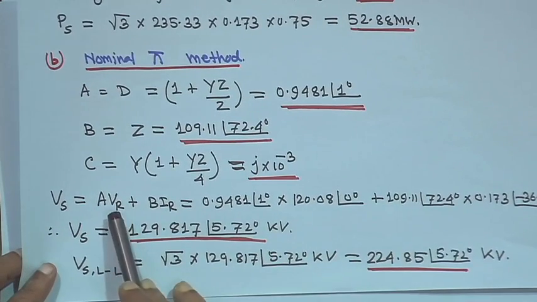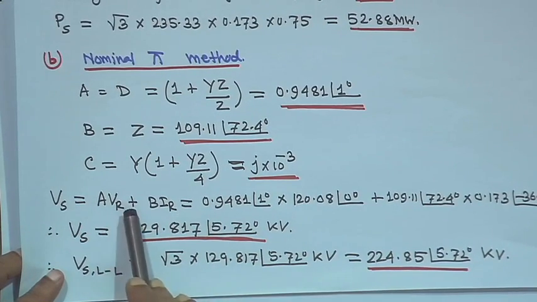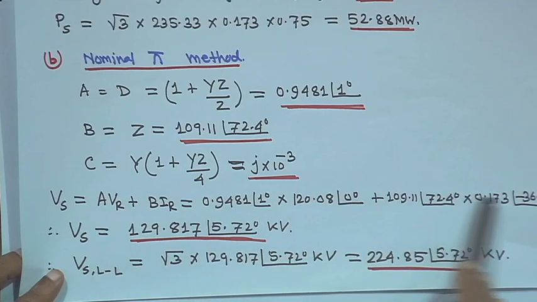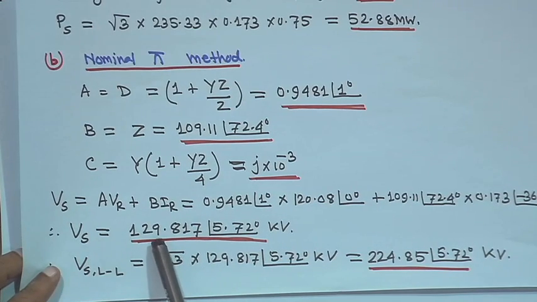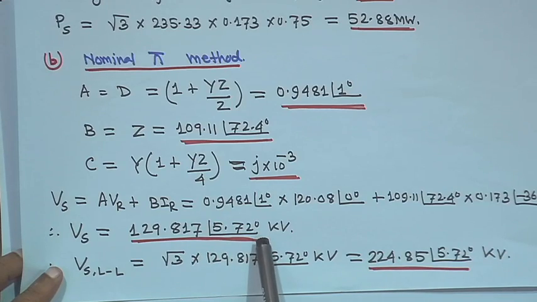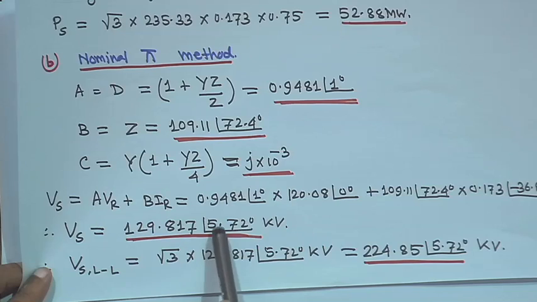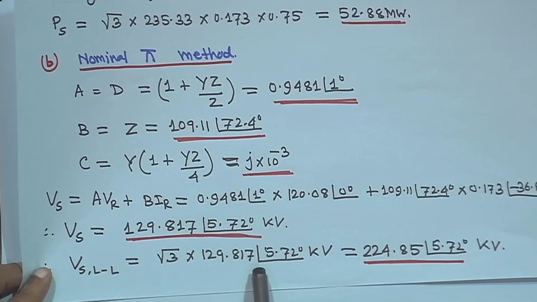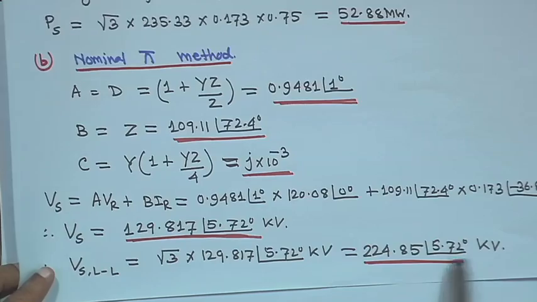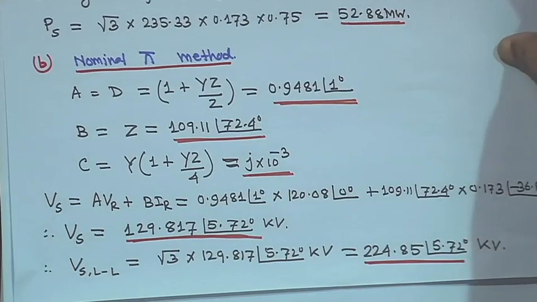We know Vs is equal to A VR plus B IR. Substituting all the parameters A, VR, B and IR, you will get sending end voltage 129.817 angle 5.72 degree kV. Therefore, Vs line to line will be root 3 into 129.817, that is 224.85 angle 5.72 degree kV.